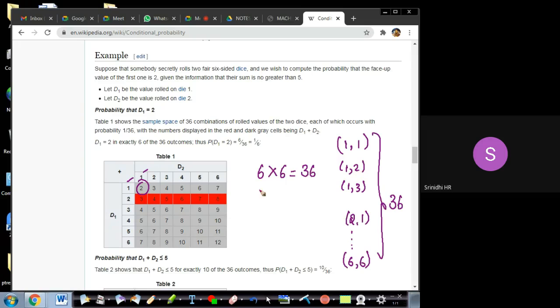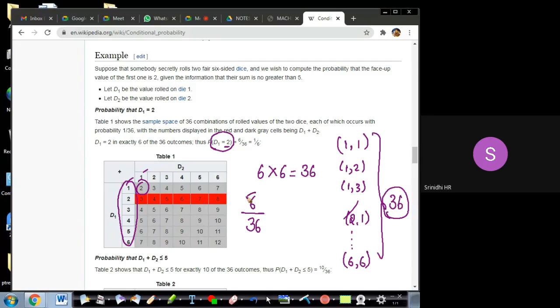In that 36, he is only concentrating on die 1 being 2, so it is only one combination. In die 2, I have 6 possibilities. Am I correct? Out of what is the total number of possibilities? 36 is my total.